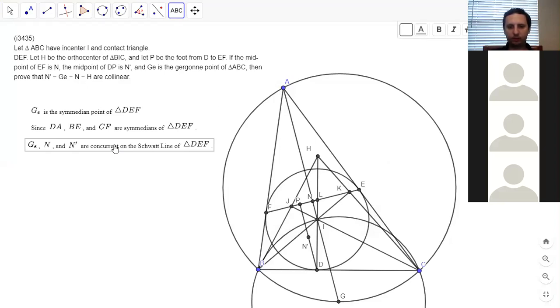So let N prime meet... So obviously H lies on IB. And okay, so yeah, we don't even really need J and K, do we?